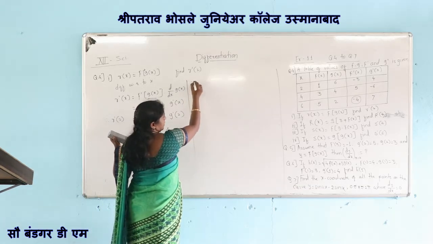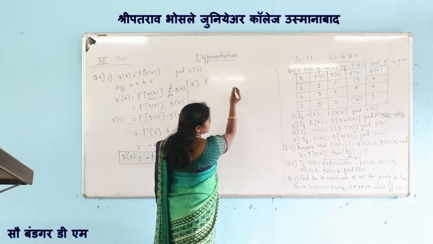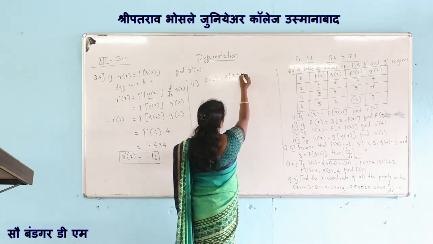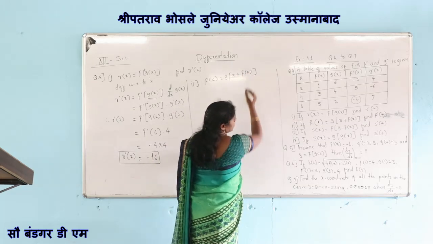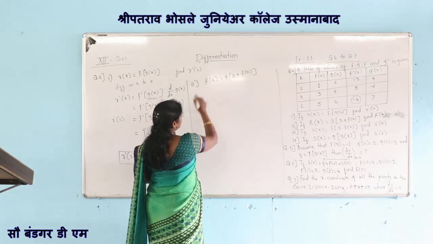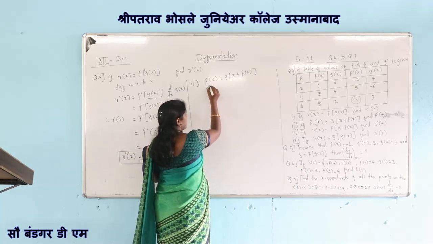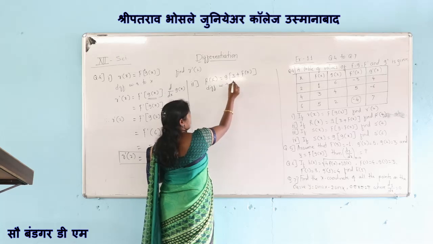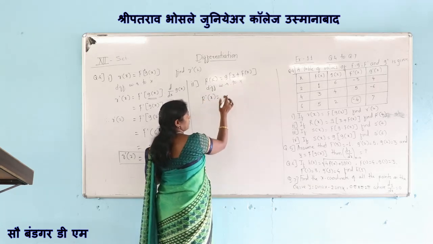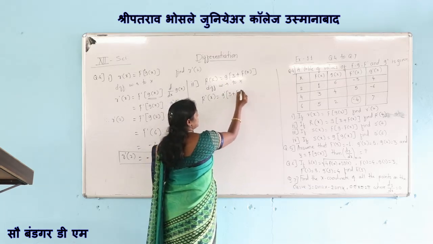Now, second, if r of x is g of 3 plus f of x, we have to find r dash of 4. Differentiating r of x with respect to x, we get r dash of x is equal to the derivative of g, which is g dash of 3 plus f of x.